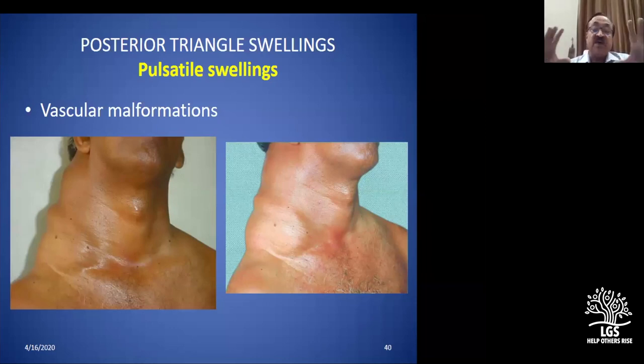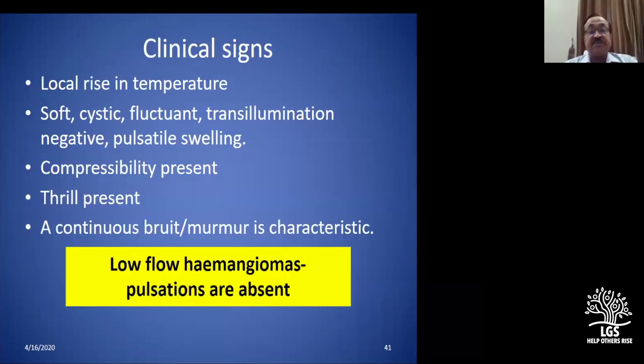So when you get a case of a swelling in the posterior triangle, it is cystic, solid, bony, or pulsatile. This is how you classify swellings in the posterior triangle. Is it okay? Yes. So that's how you make a diagnosis of a classical AV malformation or an arteriovenous fistula.